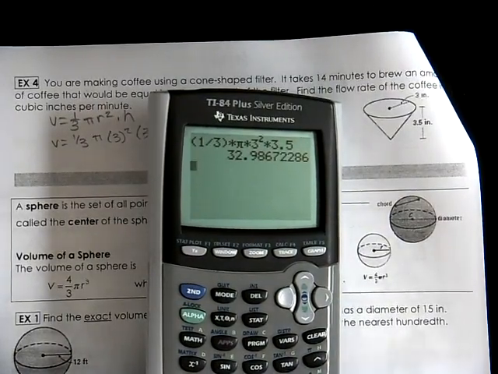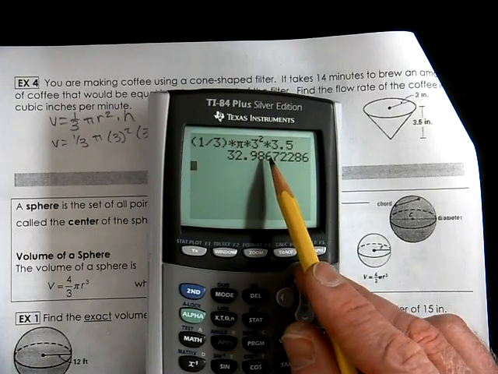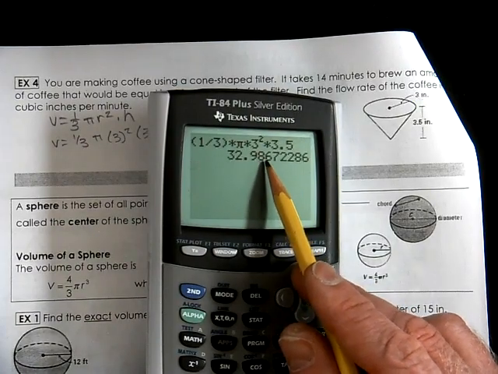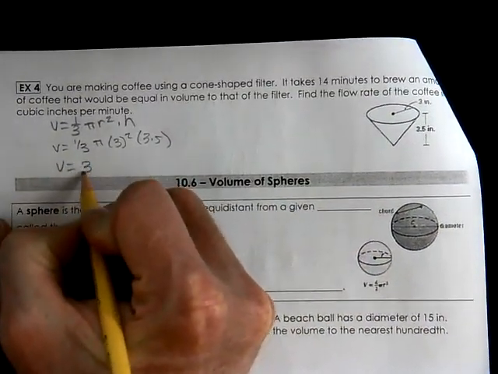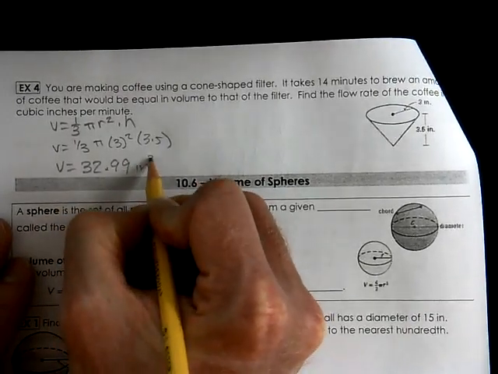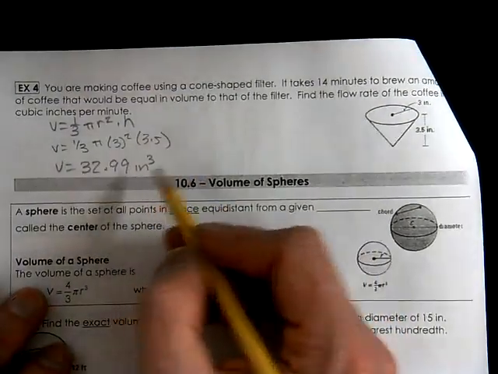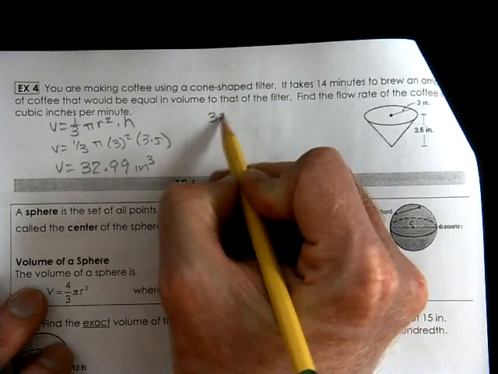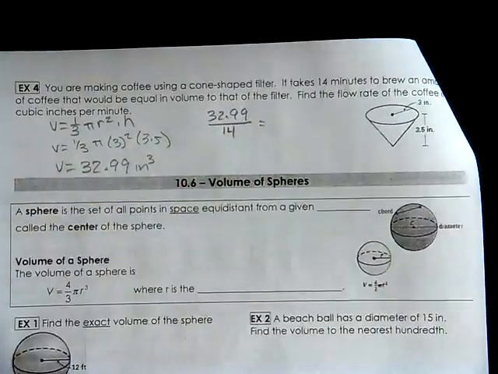That gets us 32. Third number is 5, so it makes the second number 1 larger. 32.99. Those are inches cubed, or cubic inches. So we're going to take the 32.99 and divide that by 14.